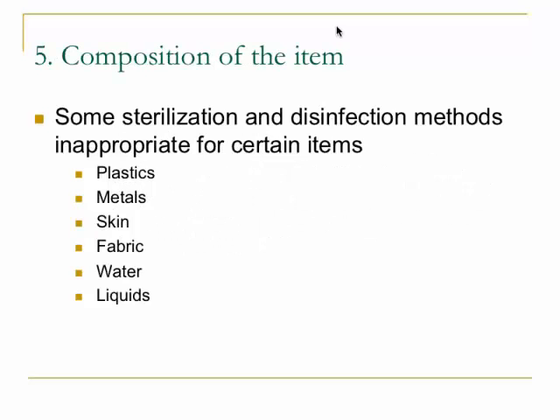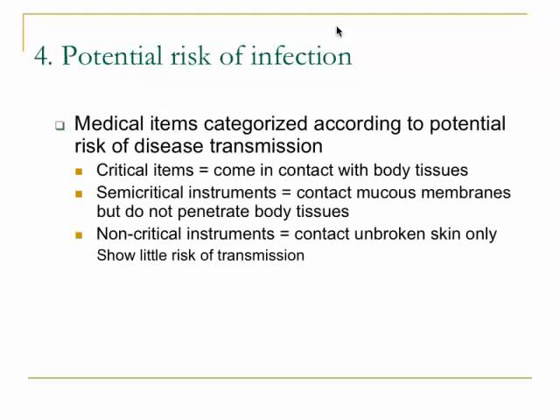The composition of the item, as I mentioned, yes? It comes in contact with a mucous membranes. So, for example, a urinary catheter would not be breaking through the mucous membranes, but it would be inserted into the body, into a body cavity.